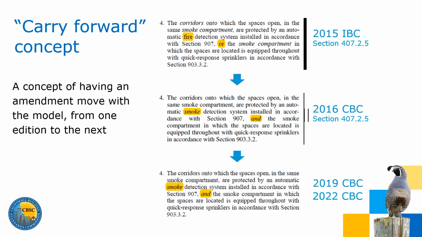From the margin marks for the section shown here, you can say that item 4 is a new item added in 2015 IBC. Then, a new California amendment was added in 2016 CBC, and there were no changes to this item since then.